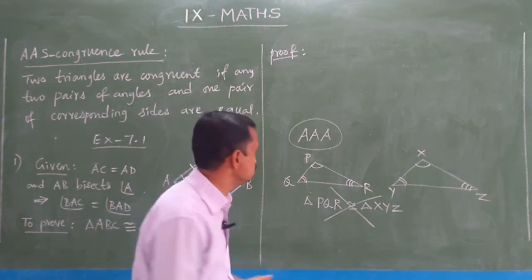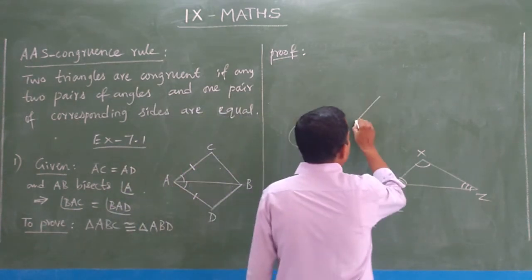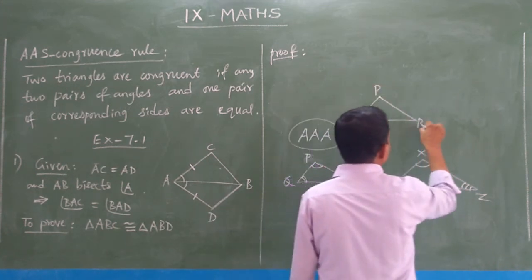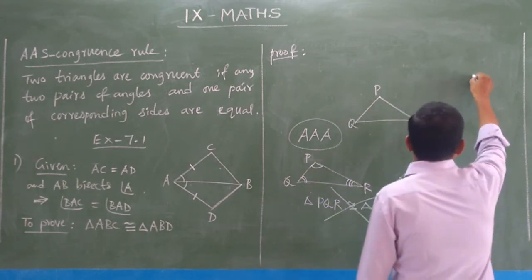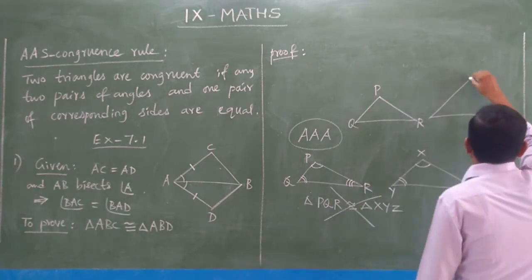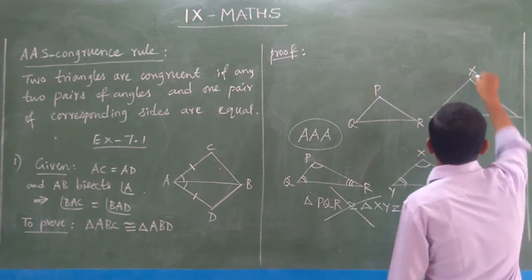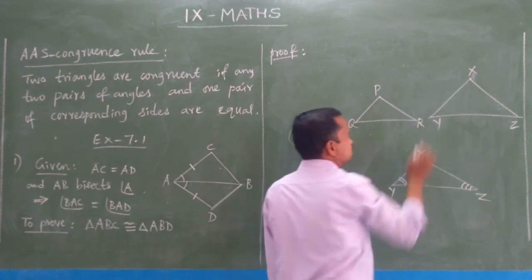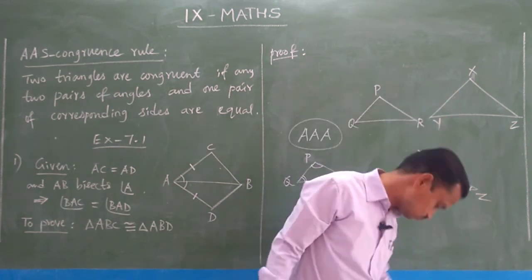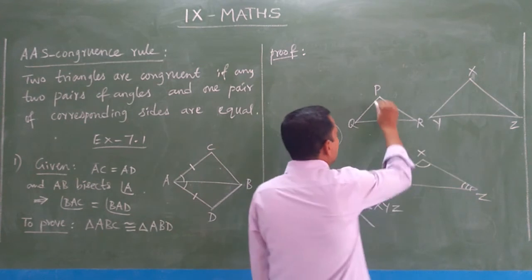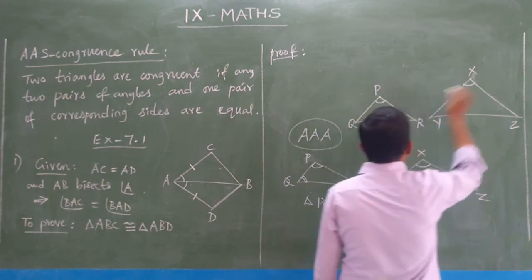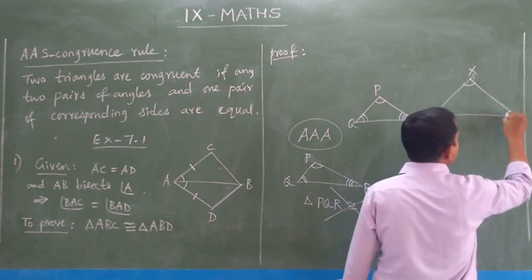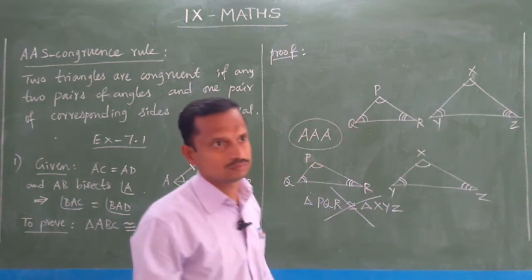So why, sir? You see, comparing these two triangles PQR and XYZ, this is smaller, this is greater. Only the angles are equal, the corresponding angles are equal. But what about the size?